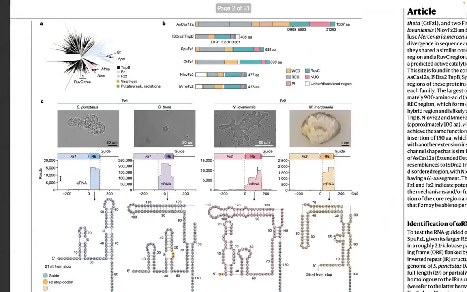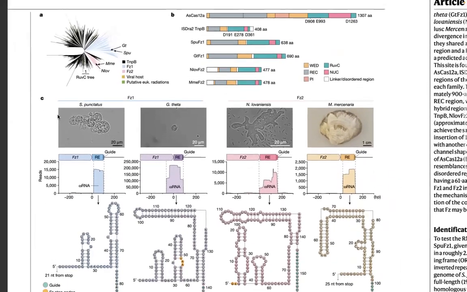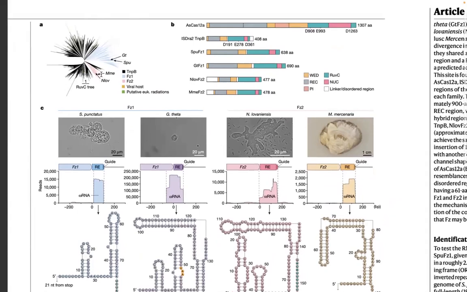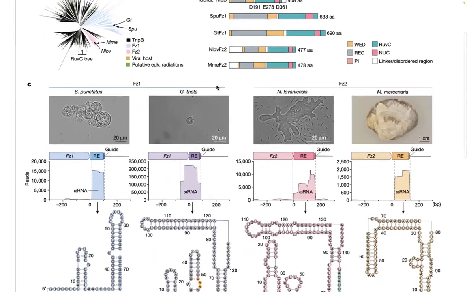But yeah, so I guess this first figure basically shows Fanzor 1 和 Fanzor 2 都是从 TMPB derive 的。Fanzor 1 是在这两个 bacteria，不是 bacteria，应该是 guessing they're fungi, they're eukaryotes, right?